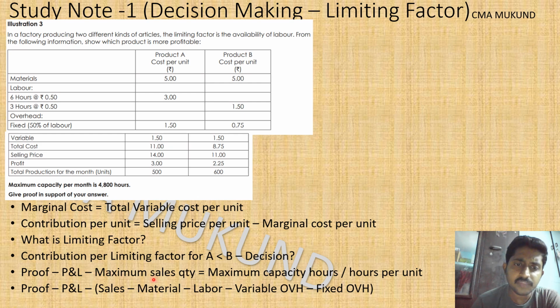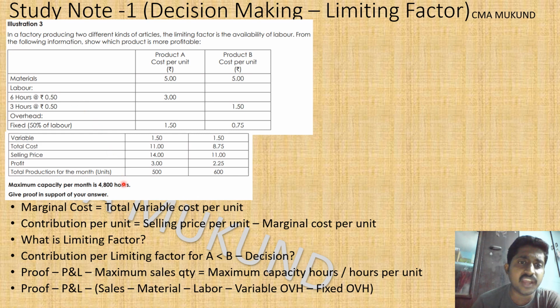Here you have to calculate the maximum sales quantity. The maximum capacity that we have is 4,800 hours, and if you make product A in those 4,800 hours, how much product A can you make? That will be the maximum sales quantity of product A. For example, you have 4,800 hours, and each unit of product A requires 6 hours.